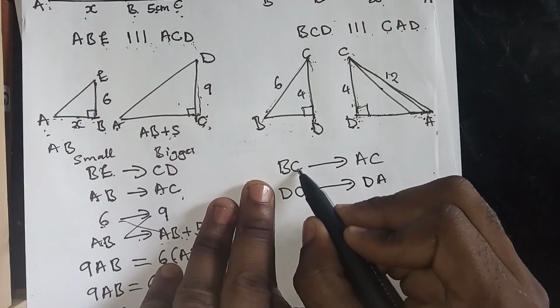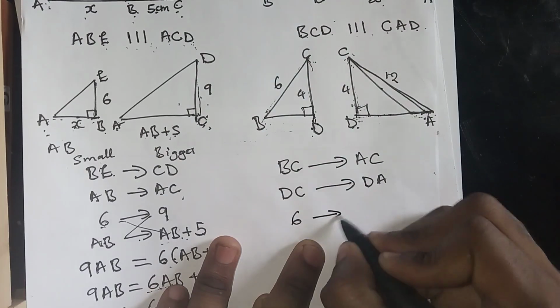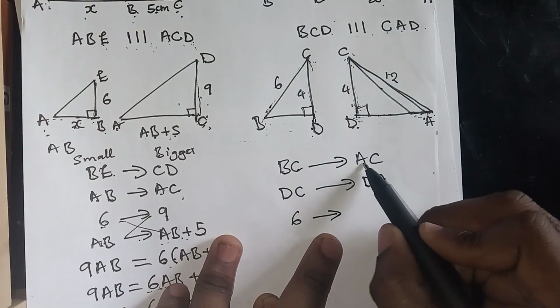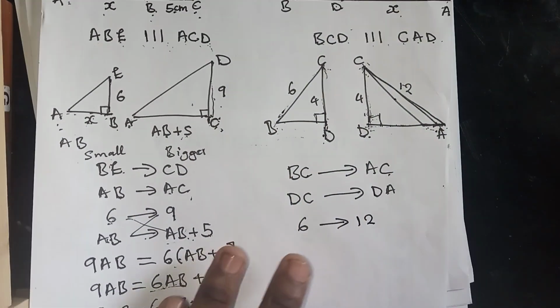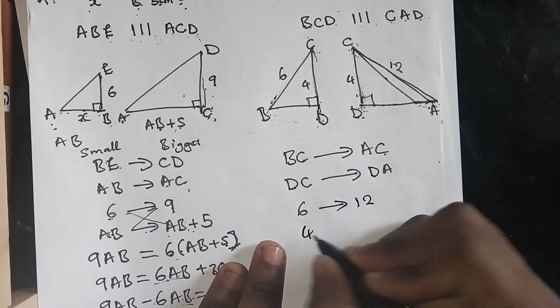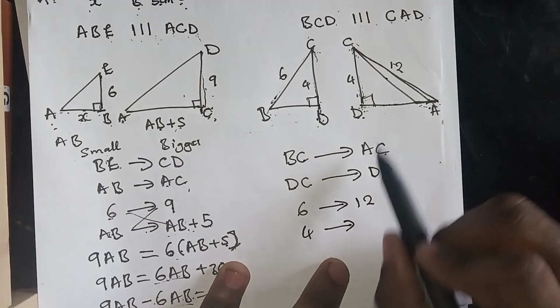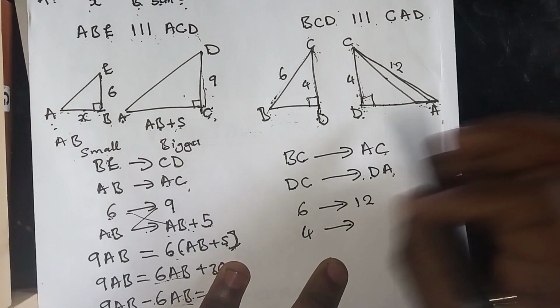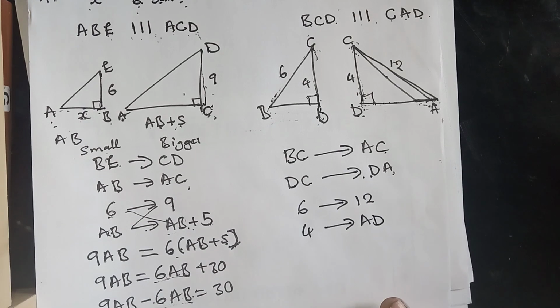So our BC is 6 centimeters, which is proportional to AC, which is the longest side, this side. That's a 12. And then our DC is 4 centimeters, which is proportional to DA or AD, which is what we are trying to find. So now to solve this, all you need to do is cross multiply and simplify.